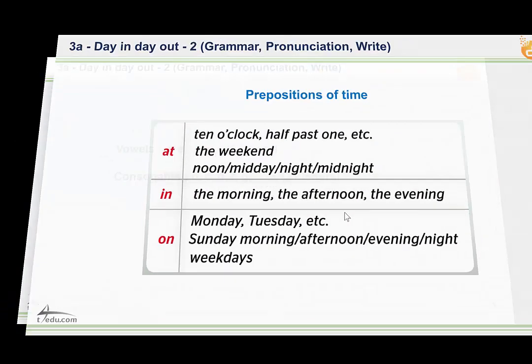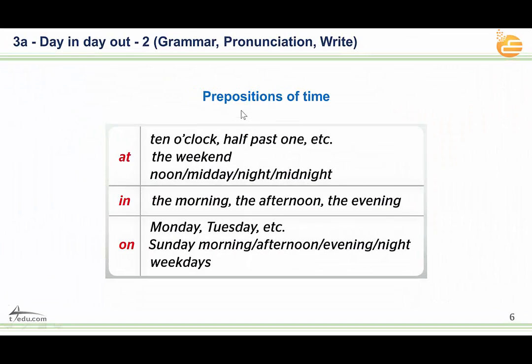Those are the vowels and consonants. Okay, now we'll talk about the prepositions of time. We will talk about at, in, and on. So, at, we use it with the time. For example, 10 o'clock, half past 1: at 10 o'clock, at half past 1, etc. We use it with the weekend, at the weekend, okay?